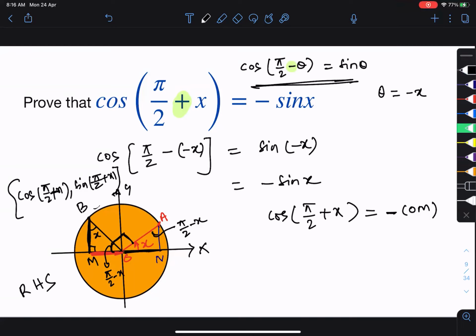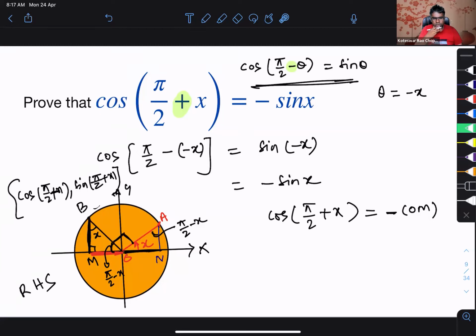A right angle is there. The hypotenuse is anyway your unit circle radius, so that is equal. Can you see any other sides equal? Or can you say that these are actually congruent? BM and AN.